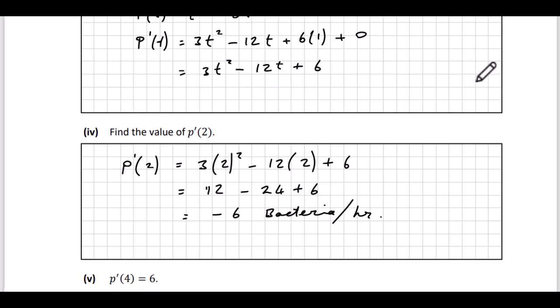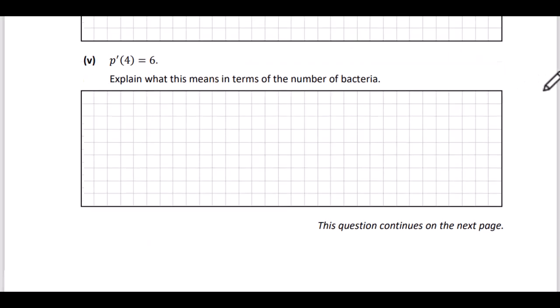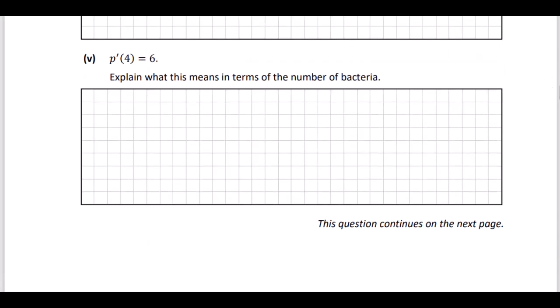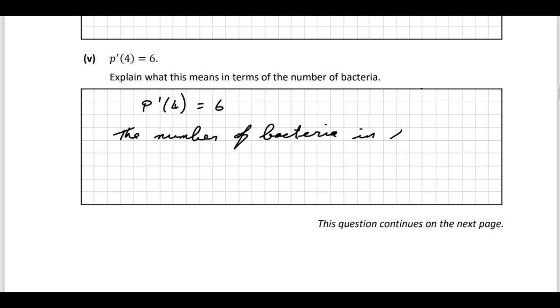Okay, so let's look at the next part. P prime 4 is equal to 6. Explain what this means in terms of the number of bacteria. So we have P prime 4 is equal to 6. This means that the number of bacteria in the dish is increasing.